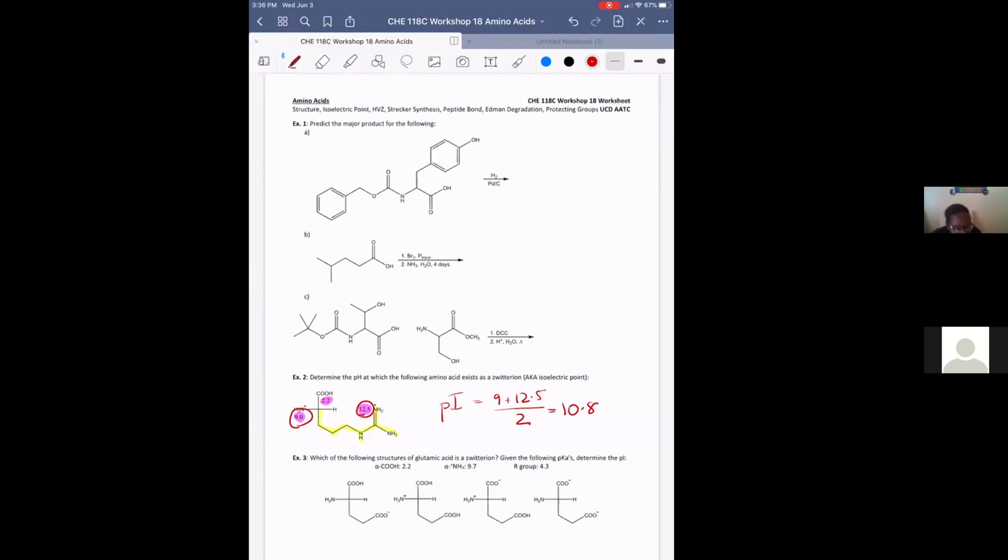This means that 10.8 is our PI, and we can also say that the pH range where the amino acid exists as a Zwitter ion will occur between 9 and 12.5. So it's going to be in the range between our closest pKa values on our molecule, and these have to be given to you. There's no way you can take the average if they're not given to you and you don't know them, so you just have to figure that out.